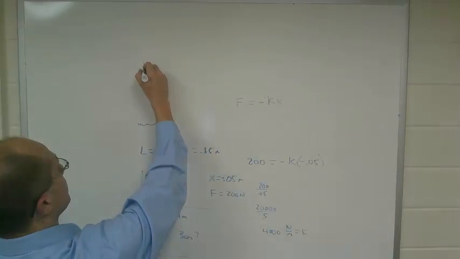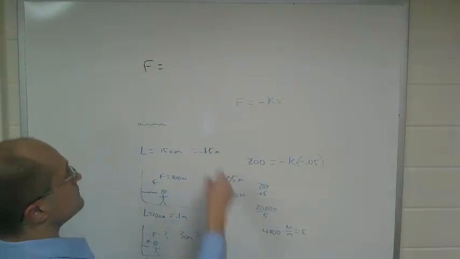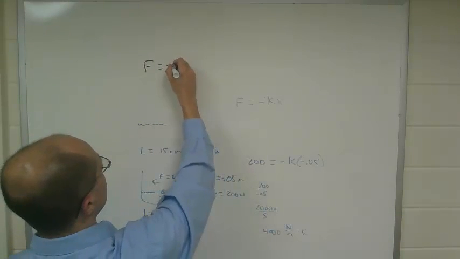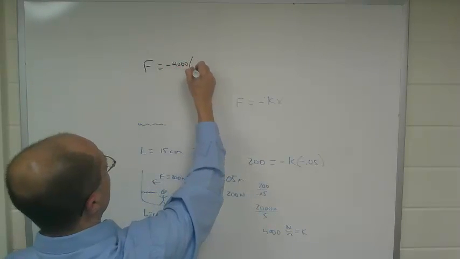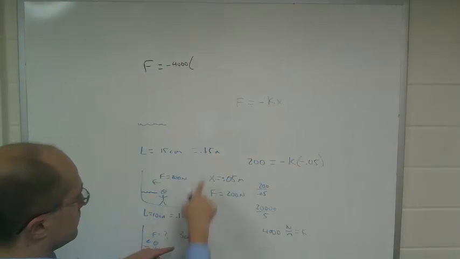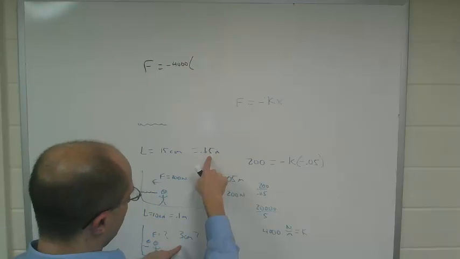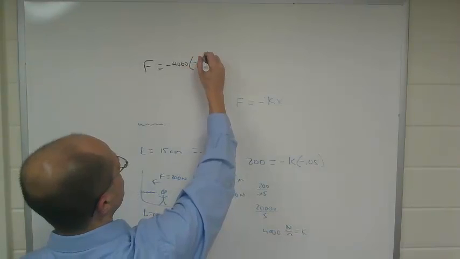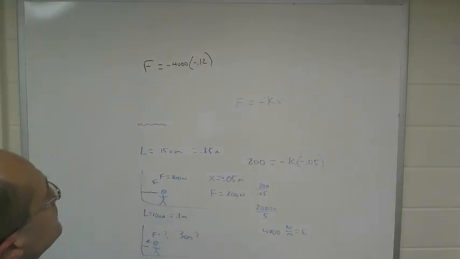Well, we say that force is equal to minus our k, which is 4,000. And what we want to know is the change in the length from 0.15 to 3 centimeters, which is negative 0.12. It's going to change by 12 centimeters.